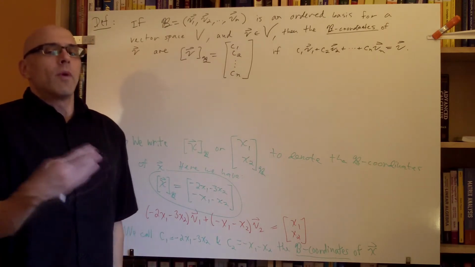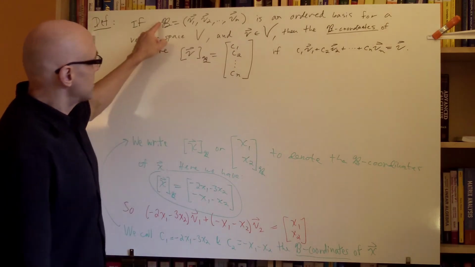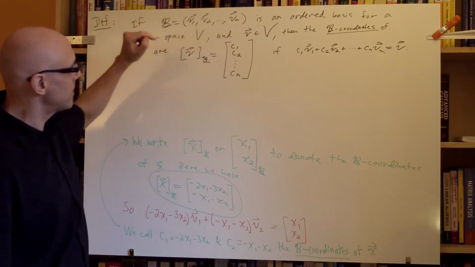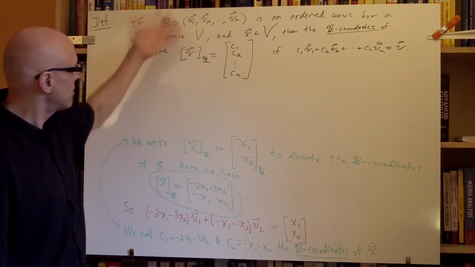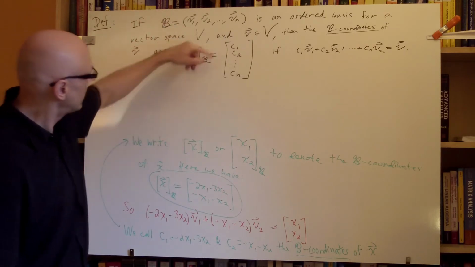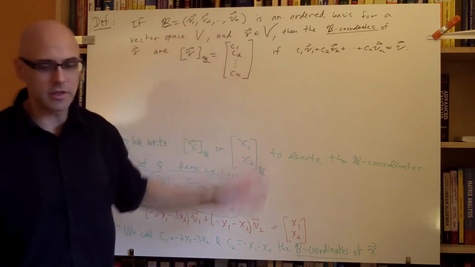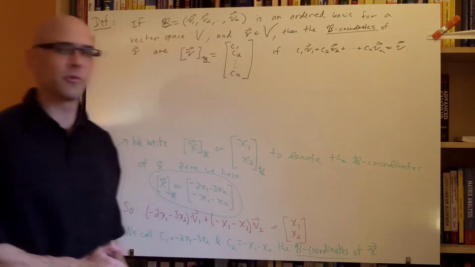So I think you see maybe why we need the order for our basis. If we didn't have an order for the basis, we would be able to move these around, right? And then we'd go crazy because we wouldn't really have a good coordinate system to work with.